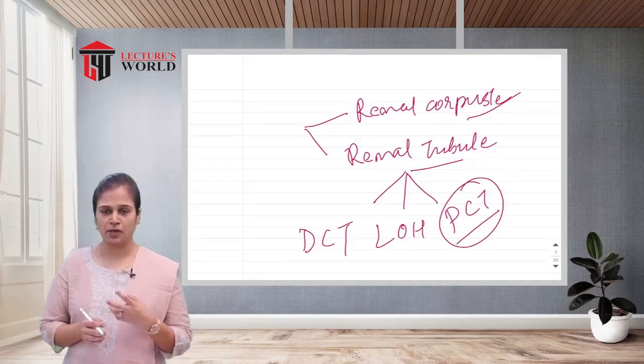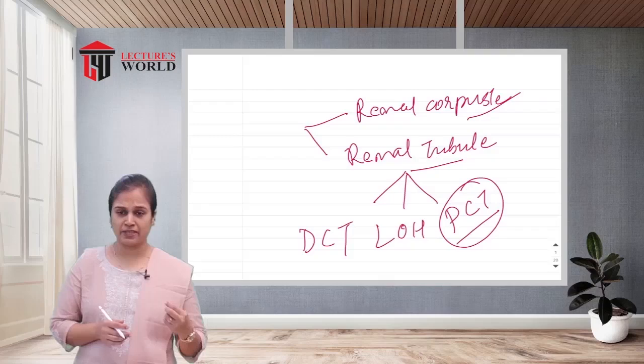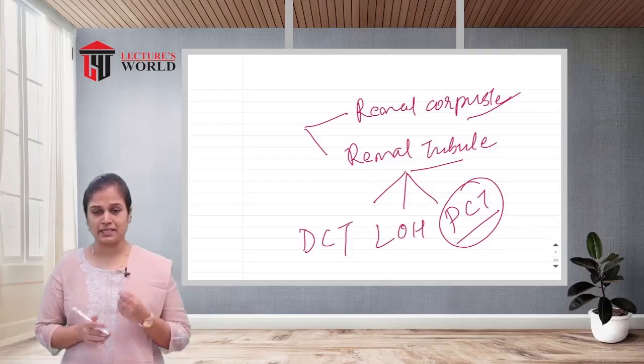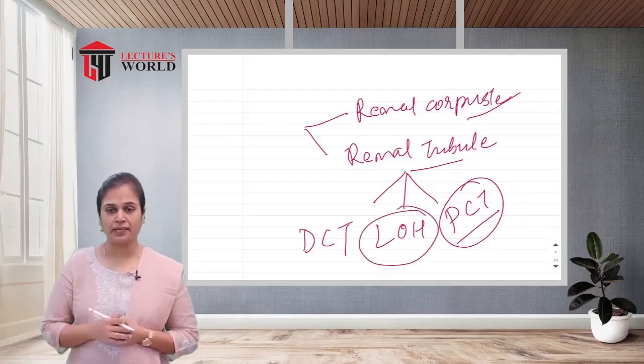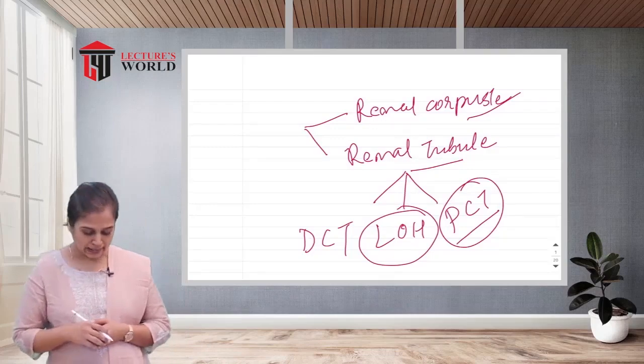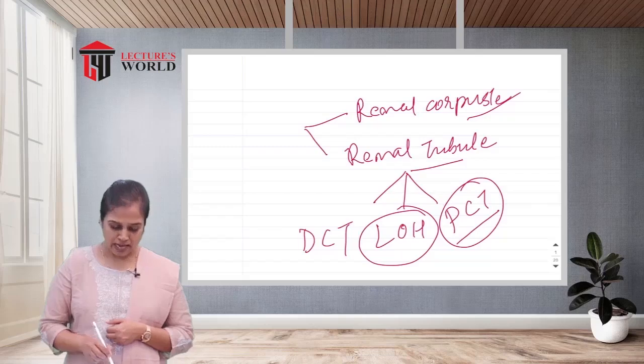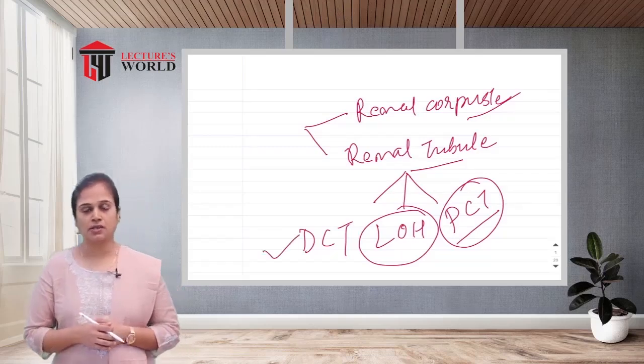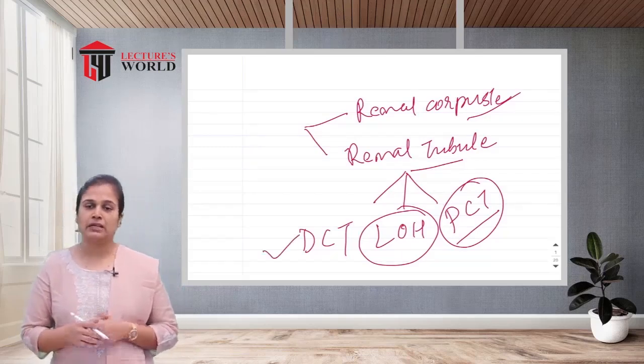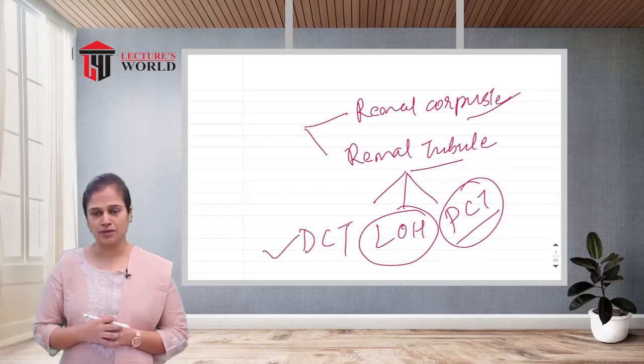This proximal convoluted tubule gradually descends, becomes very thin, and extends, and it is called the loop of Henle or the nephron loop. This nephron loop then becomes wider and converts into the distal convoluted tubule. So this is about the anatomy of the kidney.